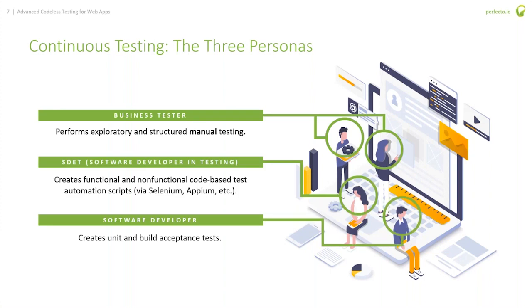As presented in the previous webinar, what I am seeing, and keep me honest, Zvika as well, what we are seeing actually in the market when we are dealing with continuous testing practitioners in a DevOps reality, we see three main personas. We see obviously the software developer who is contributing a lot into the quality of his products, whether it's web or mobile, and he's contributing either through unit testing, acceptance testing, code analysis.